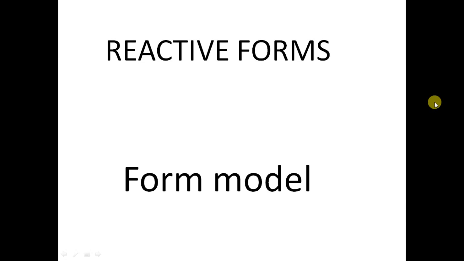Usually it corresponds to a single input element, but it can also represent a more complex UI component like a calendar or a slider. FormControl keeps the current value of the HTML element it corresponds to, the element's validity status, and whether it has been modified.